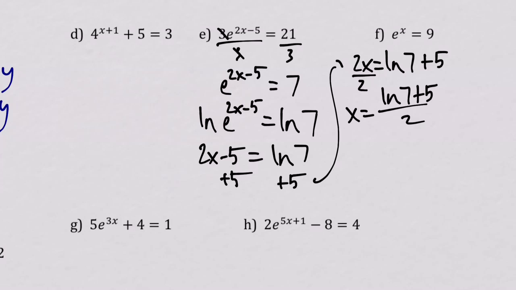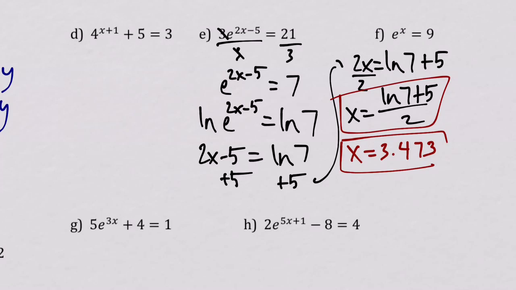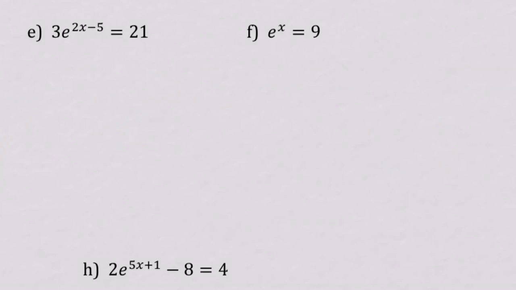That's the exact answer. To find the approximate answer, just punch that into your calculator. Let's see what it tells us. My calculator says 3.473, to 3 decimal places.